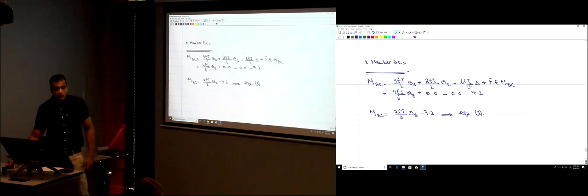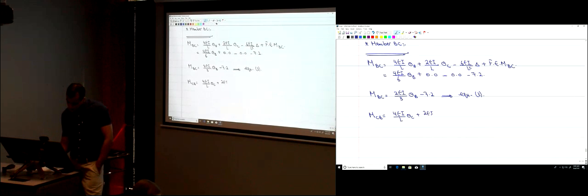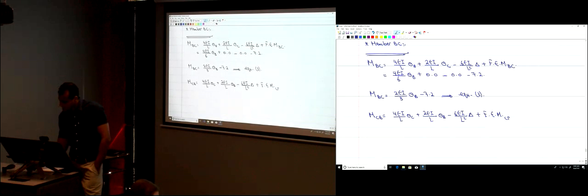Okay? And then I'm going to write the slope deflection equation at the other end of the member, MCB. So 4EI divided by L multiplied by theta C plus 2EI divided by L theta B minus 6EI divided by L squared delta plus the fixed end moment CB.